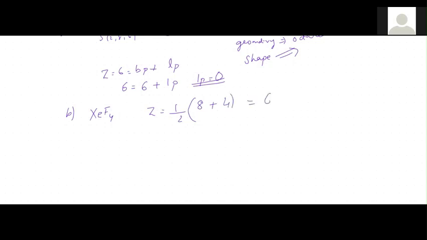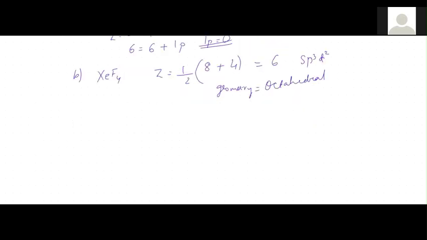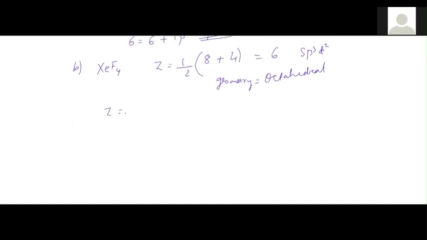So sp3d2, yes, and the geometry is octahedral. Now Z is equal to number of lone pairs plus bond pairs. 6 is equal to, I don't know the number of lone pairs, but I know how many fluorine atoms are connected, 4.